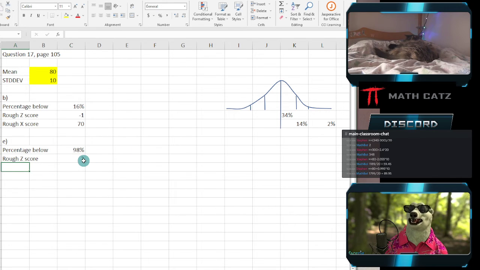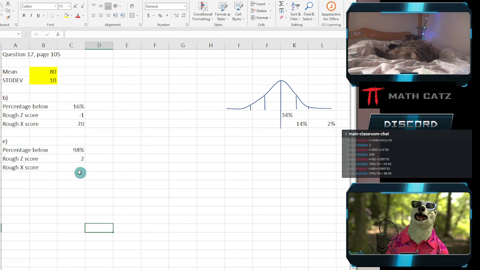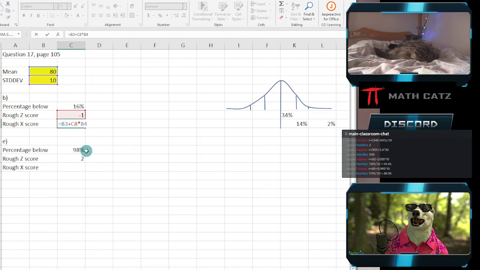I can then calculate, by reversing this formula, the corresponding raw score X. Now I can do it all again, or I can go and update here, realizing that the mean is always the mean, fix that cell.